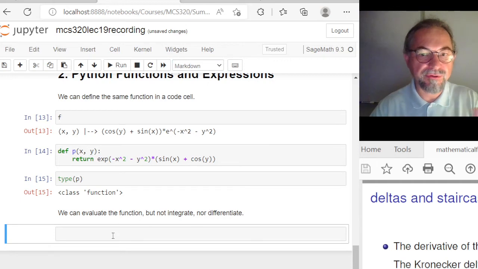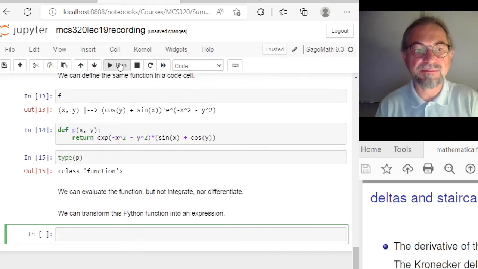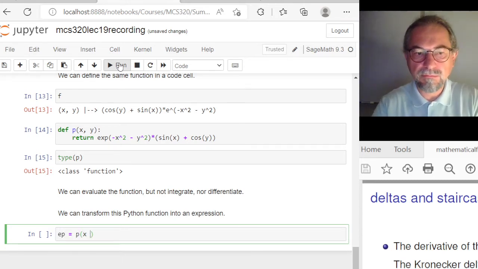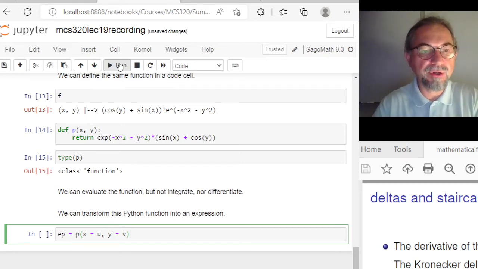Because we are running Python, but we are running Python in SageMath, we can transform this Python function into a mathematical expression. In this context, all our expressions are mathematical. So let me do this. I still have the variables u and v sitting there, so I will use those. I will replace the formal parameters x and y by u and v.